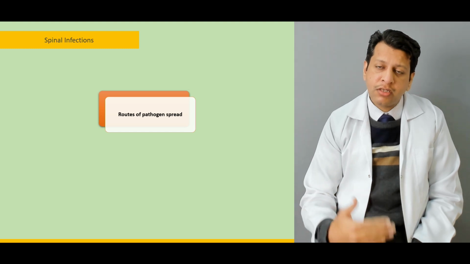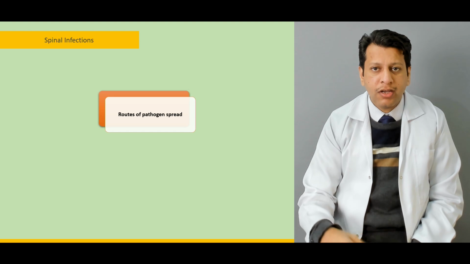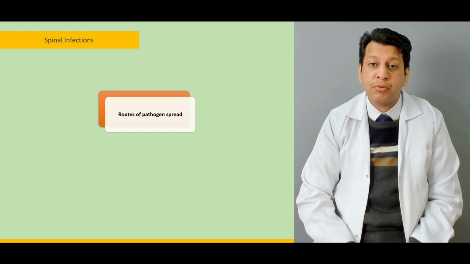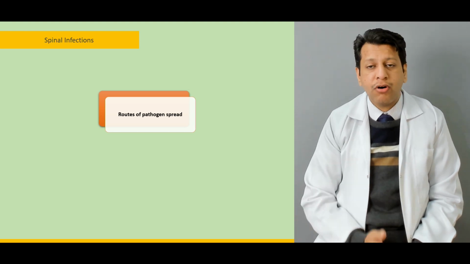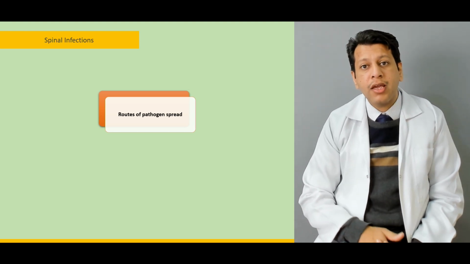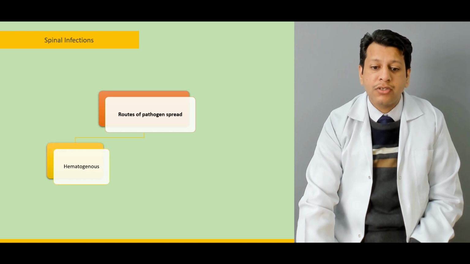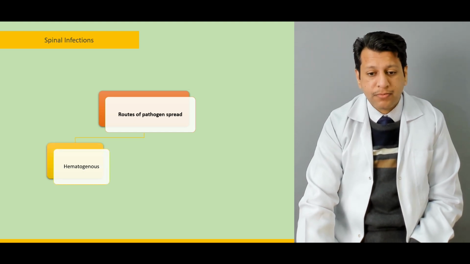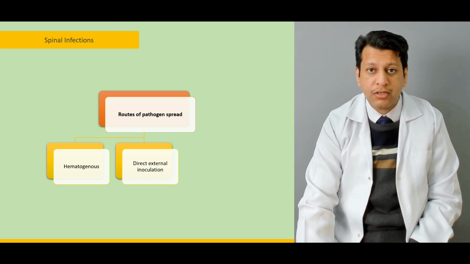Once the organism has penetrated into the bloodstream, it can go anywhere. If the patient happens to be immunocompromised, or on steroids or other medication for an autoimmune disease, then the patient can have this sort of pyogenic infection secondary to hematogenous spread. The second most common is direct external inoculation.